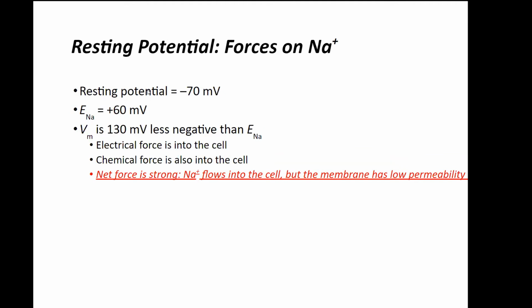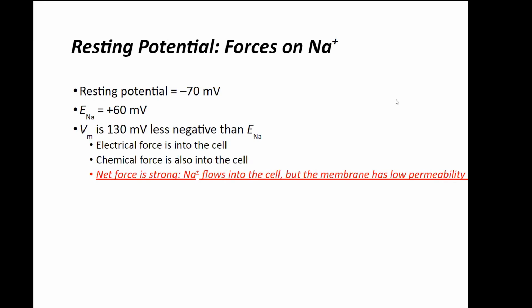If we compare the equilibrium potential and the resting potential, we find that the electrical force is into the cell, right? This positive charge on sodium is attracted to this negative charge. Our chemical force is also into the cell. These two factors together mean that our net force is really strong.